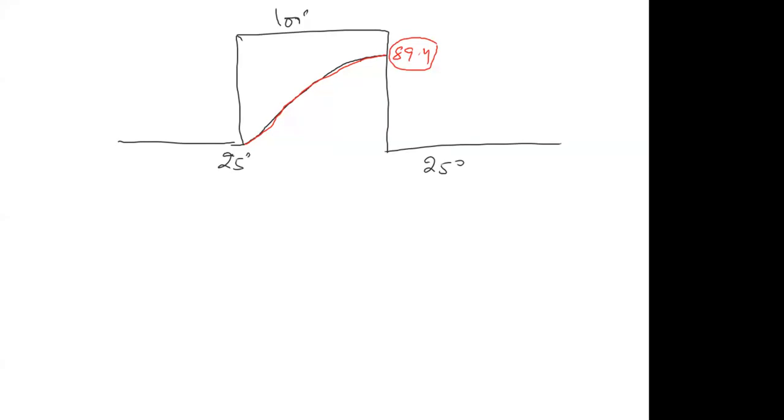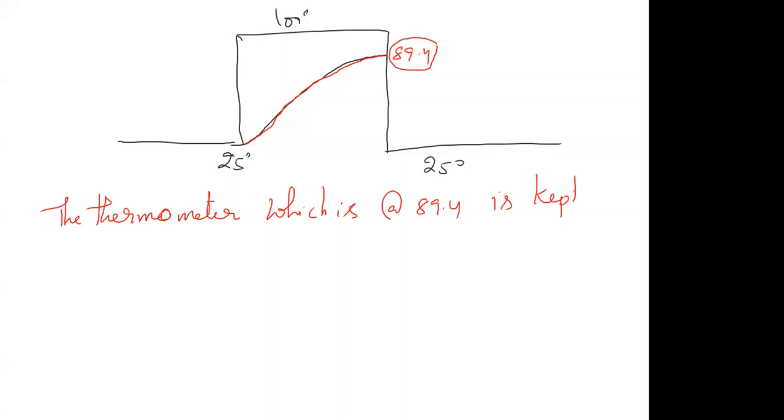Now, how I define the problem is: the thermometer which is at 89.4 is kept in a temperature bath at time t prime.